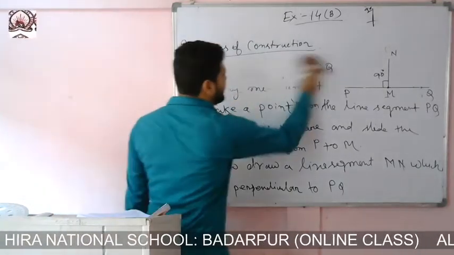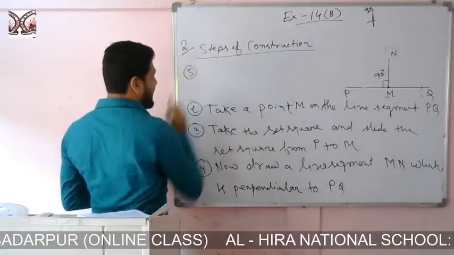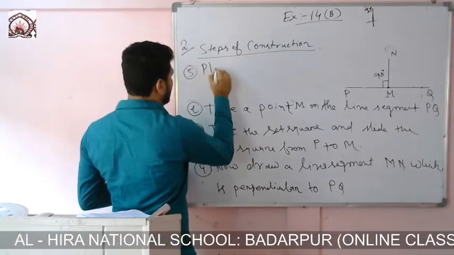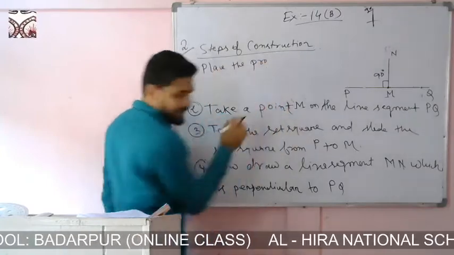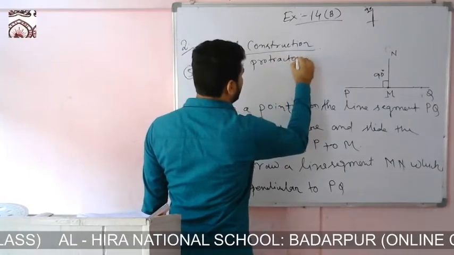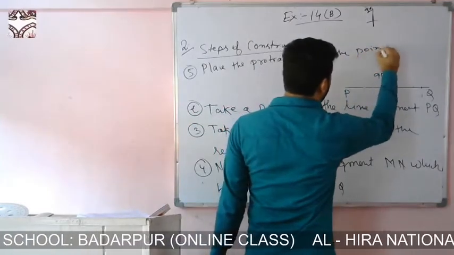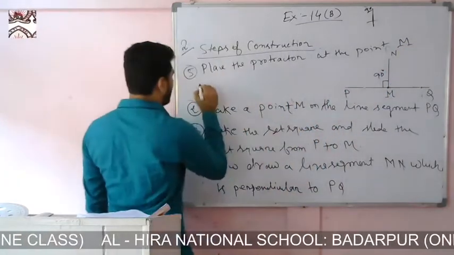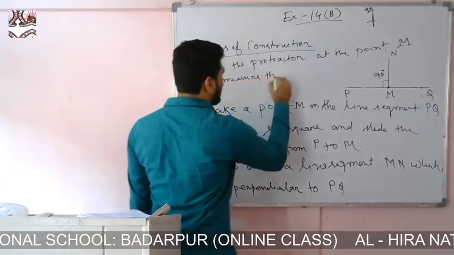So write number 5, place the protractor at the point M and measure the angle.